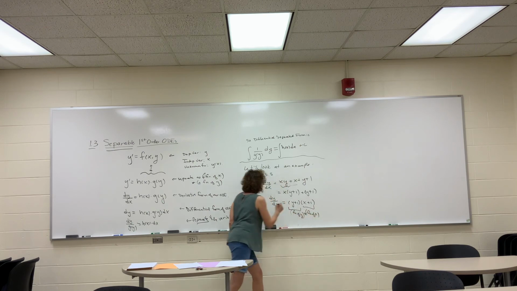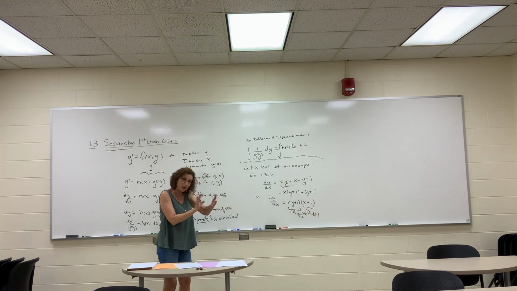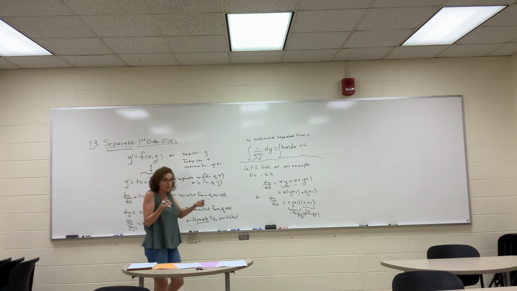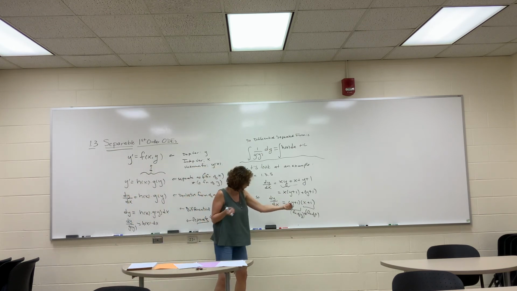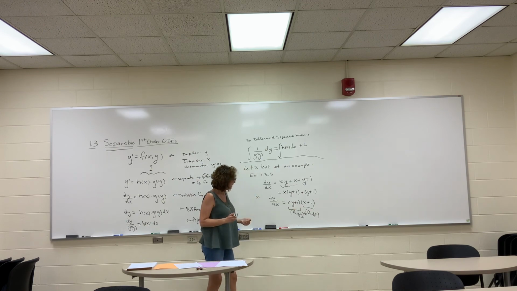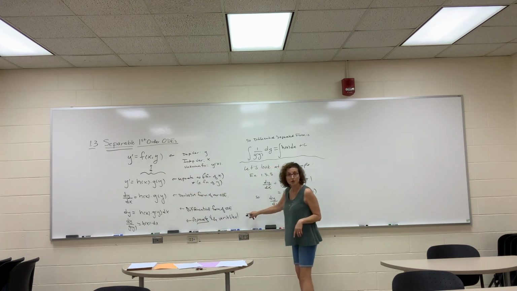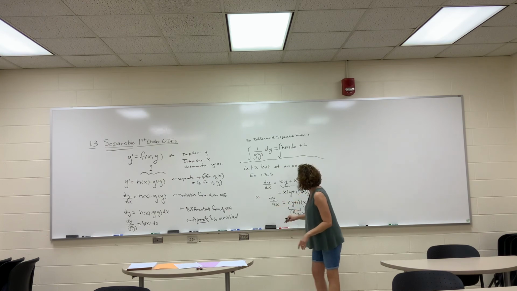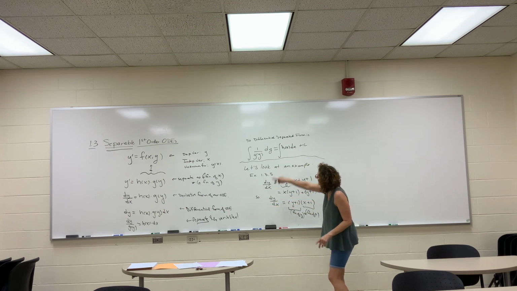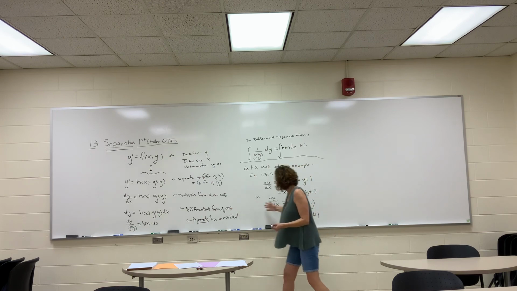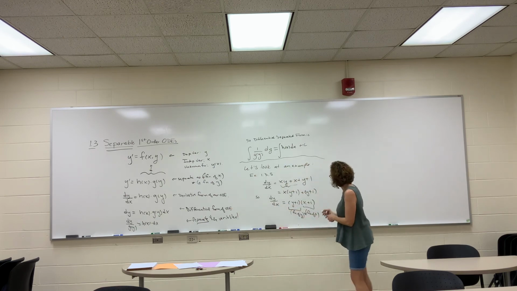Whenever we can separate this so that it's just a product of two separate functions that depend on different variables, x and y in this case, then we can go from our derivative form of our ODE to a differential form. Often we'll skip some steps, and it's up to you how many steps you feel you need to put in.